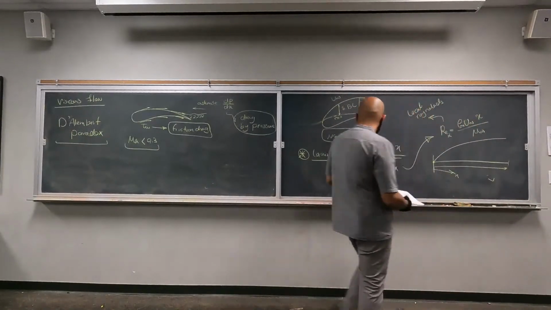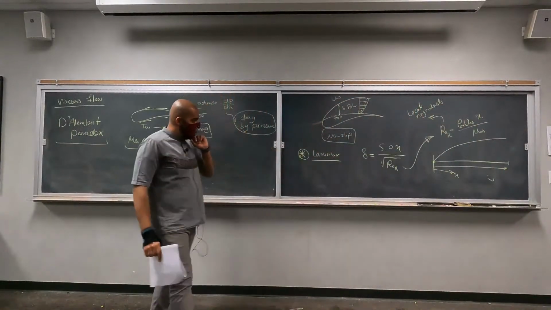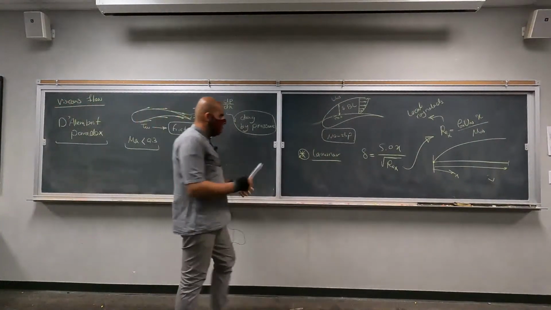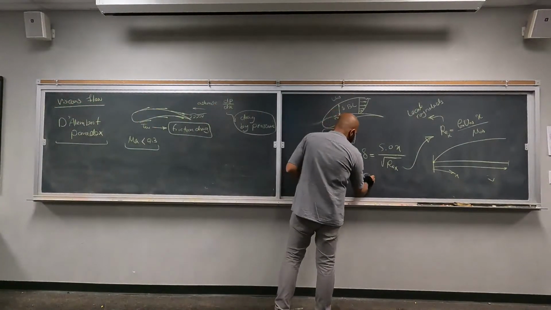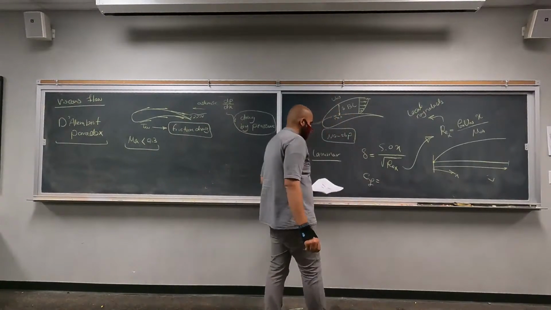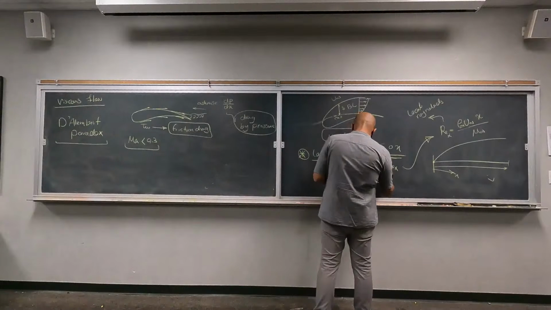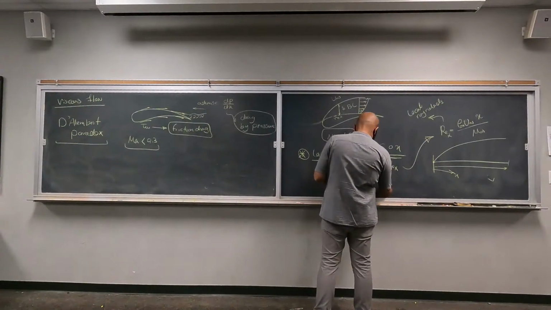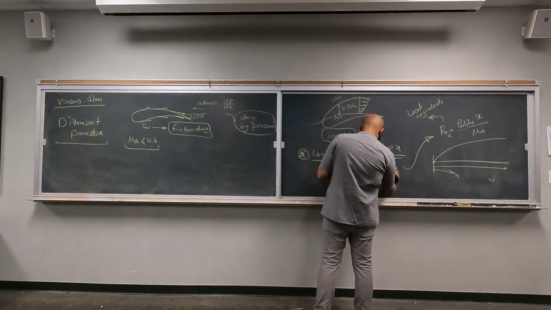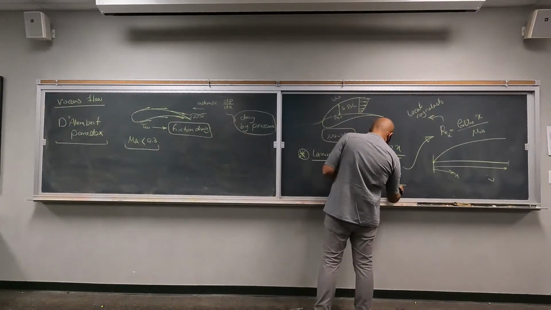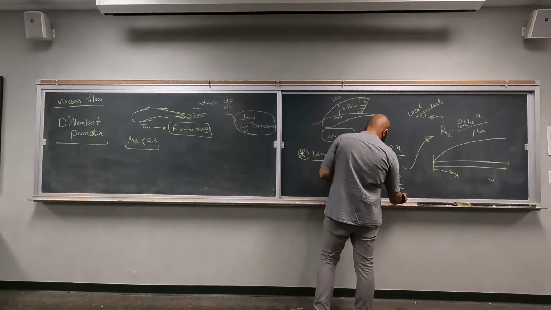This is how we calculate the thickness of the boundary layer if you are in the laminar region. But the friction coefficient, which is the main target for us, can be calculated using 1.328 divided by the square root of Reynolds number.